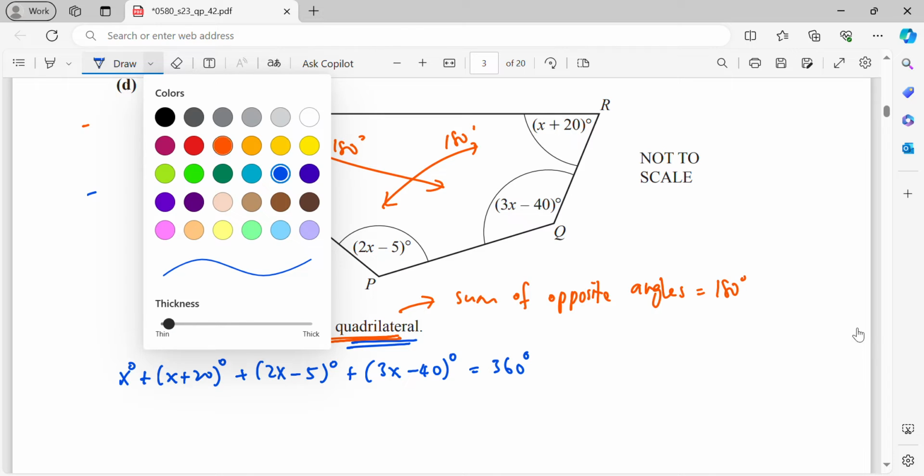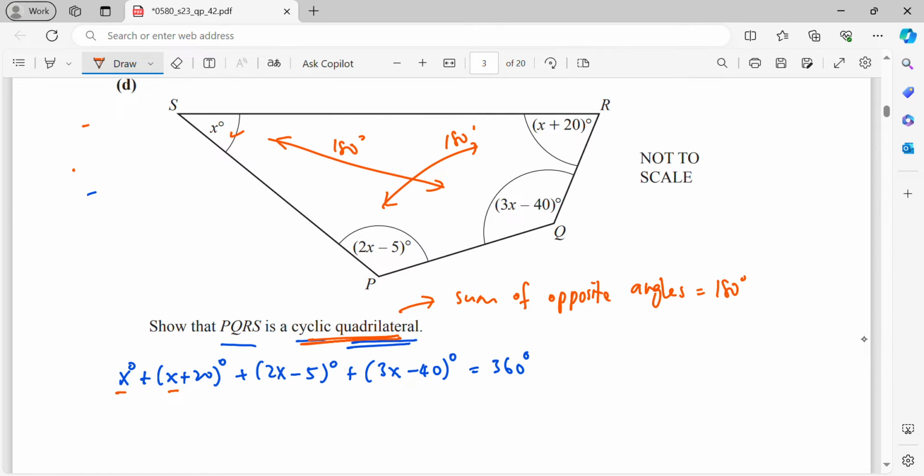When I get the total, 1x plus 1x is 2x, 2x plus 2x is 4x, 4x plus 3x is 7x. That means I'm getting 7x. For the values themselves, plus 20 minus 5 is plus 15, then you minus 40, it will be minus 25. So I will write minus 25, that equals 360, because I cancelled off all the degree signs.